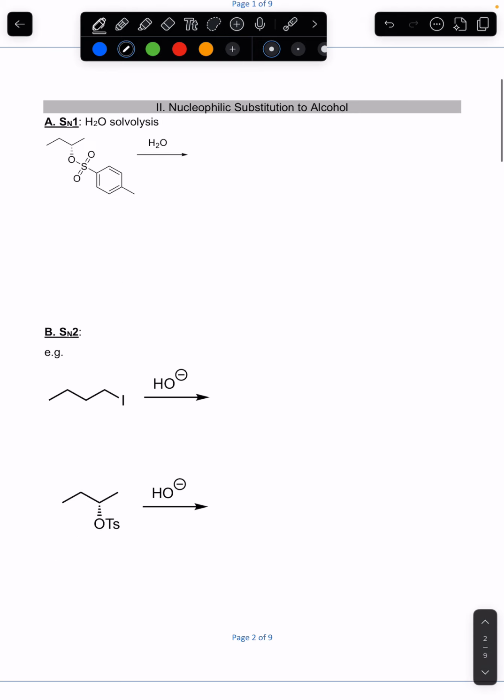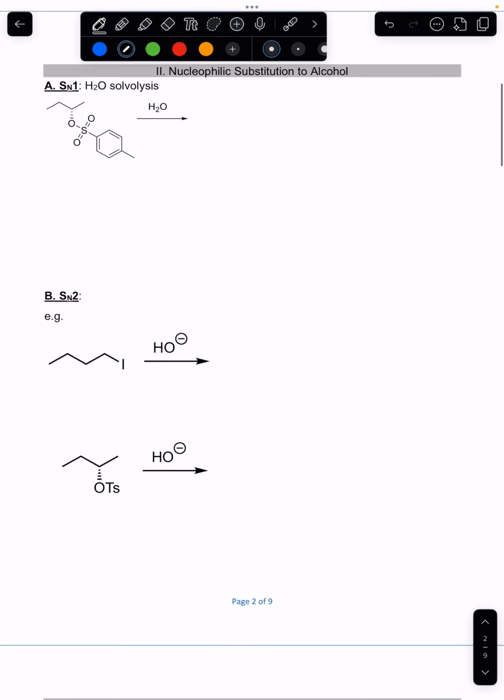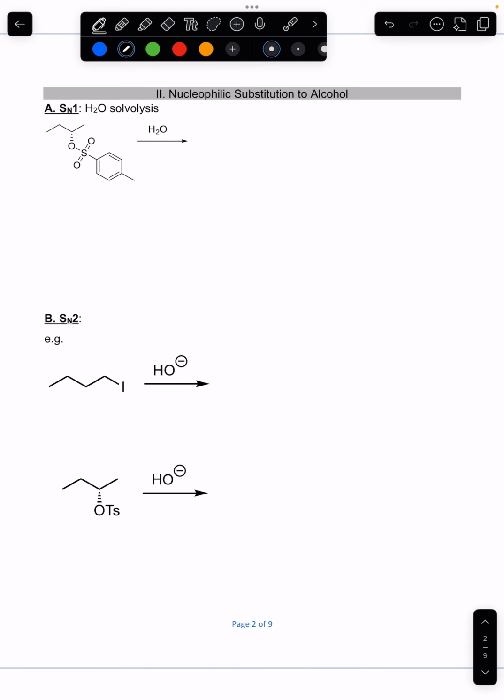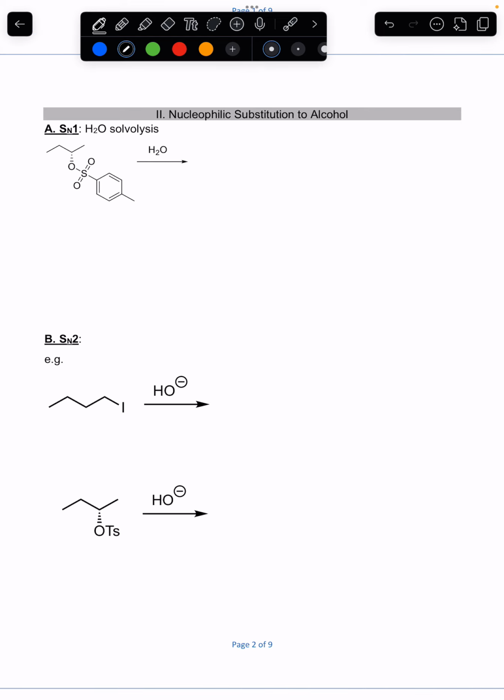Now, to start talking about how we might prepare alcohols, one of those reactions, as we just mentioned, is an SN1 reaction, right? Especially if you have a really good leaving group. And remember, this is a very good leaving group called tosylate, which is short for toluene sulfonate.